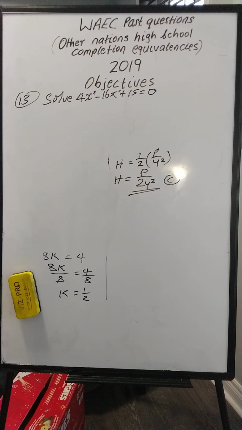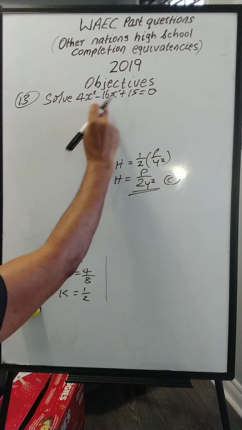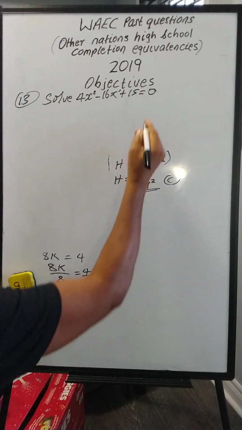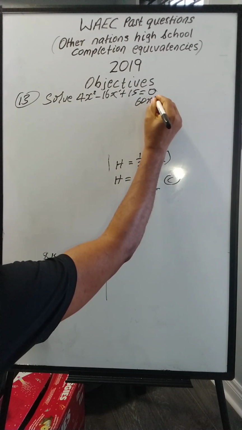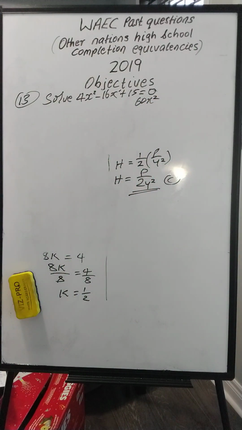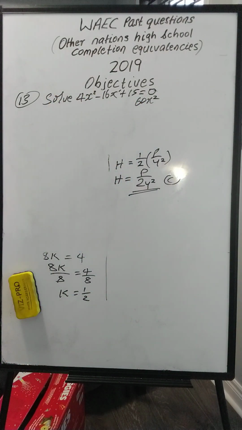To do that, we go on to find two factors whose product will give us the product of 4x squared and 15, and that will give us 60x squared, but whose sum will give us minus 16x.